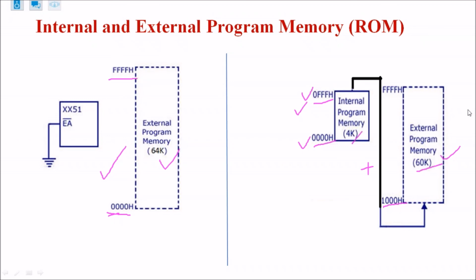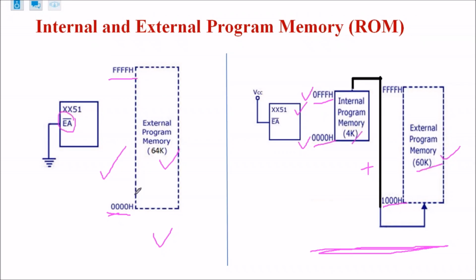Now again the point is how the microcontroller will understand whether the user is using the whole memory as external or the user is using this combination of internal and external. So how will the microcontroller come to know? It will come to know through this EA bar terminal.